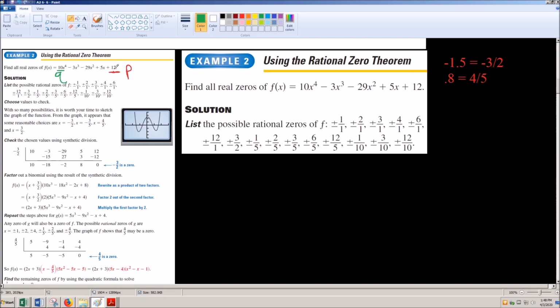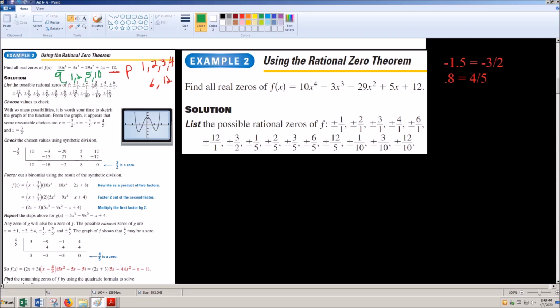So all the factors for 12, aka 1, 2, 3, 4, 6, and 12 like we got before, and then factors for 10 are going to be 1, 2, 5, and 10. So it's going to be 1 over each of these things, and then 2 over each of these things, and then 3 over each of these things, and that's where it generates this list down here.